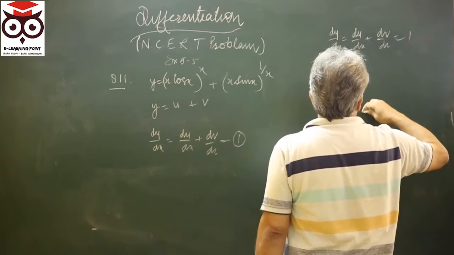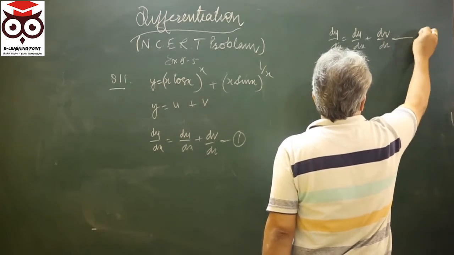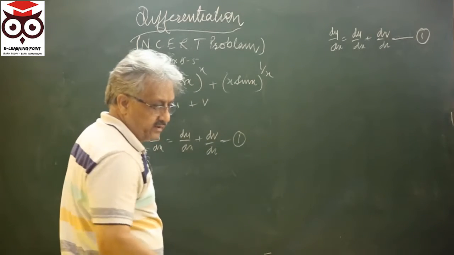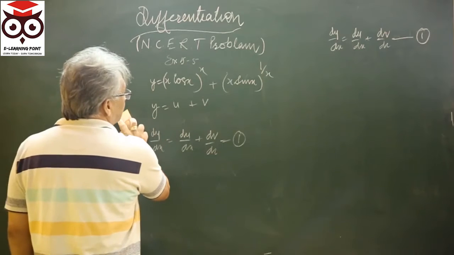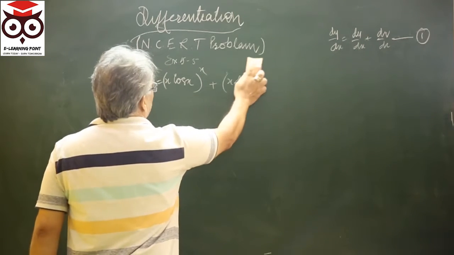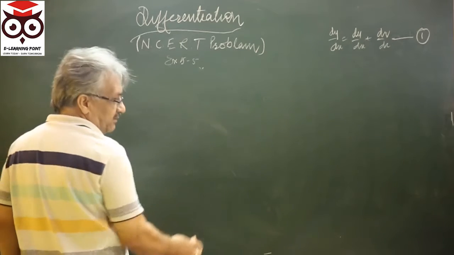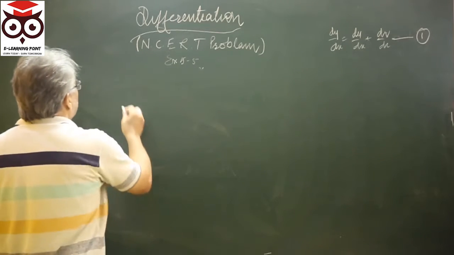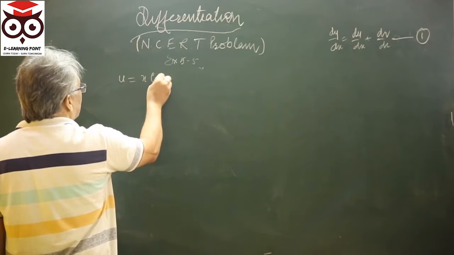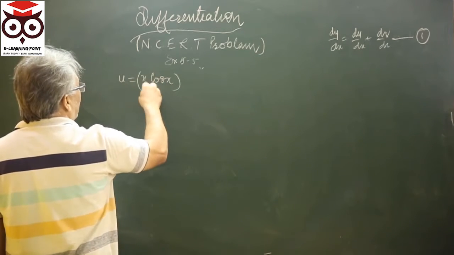This is your equation number 1. Now, how will I sort out my problem? I have supposed this is u and this is v. First of all, I will try to find out u. What is u? u is equal to x cos x to the power x.